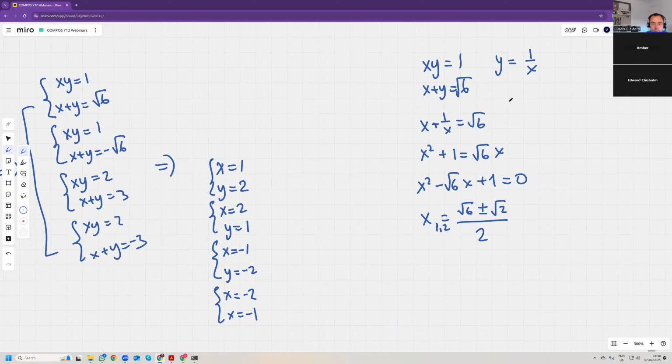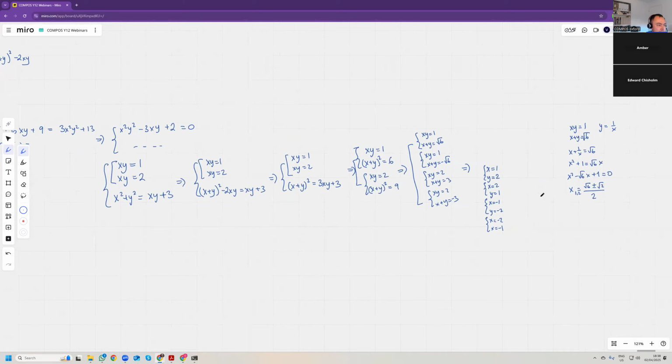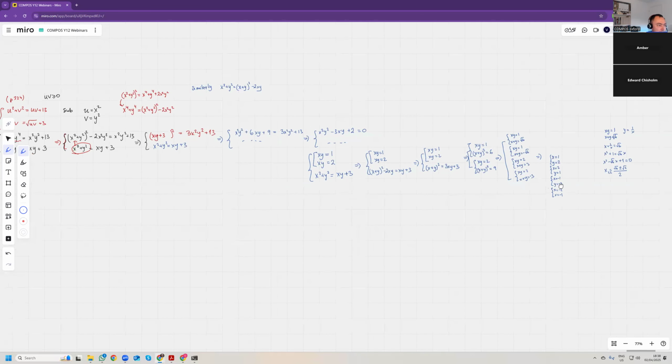And y, correspondingly, if x is that, then y is root 6 minus or plus root 2 over 2.